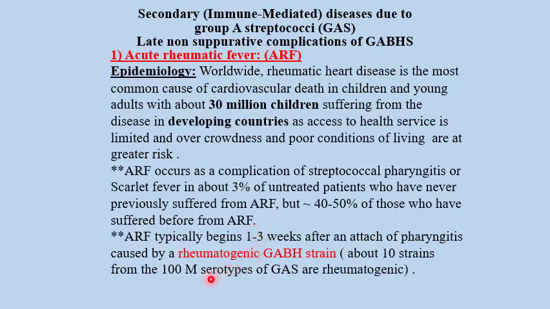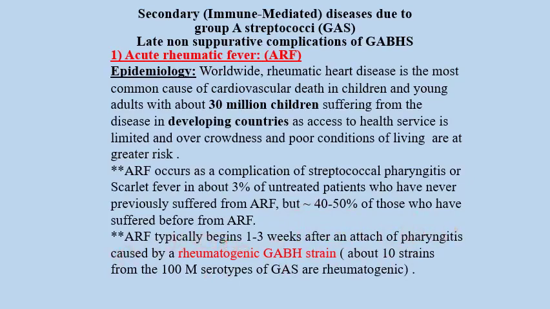When we were speaking about Streptococcus pyogenes at the very beginning, we divided it into several serotypes, reaching 100, or even some textbooks say 200 serotypes. Only 10 of these serotypes, which depend on the M protein, only 10 strains from the 100 M serotypes are rheumatogenic.